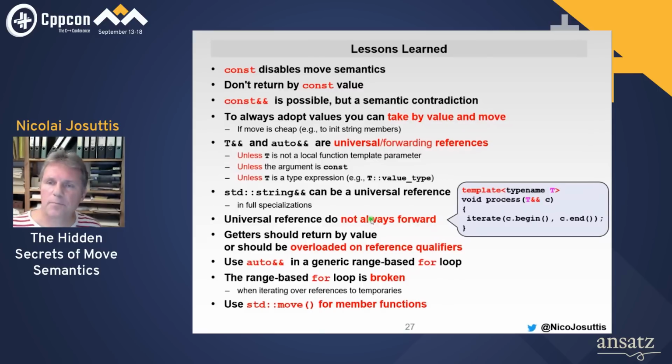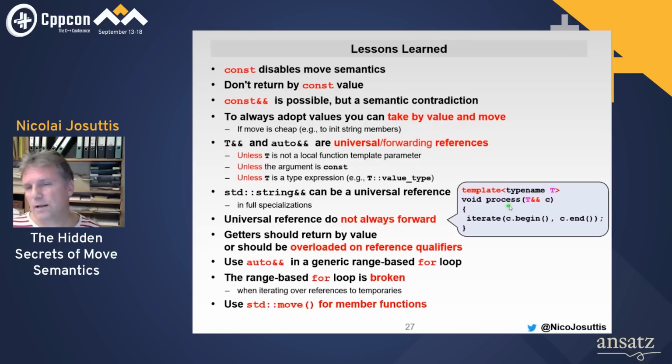Here's another example for a universal reference that does not forward. Let's take some arbitrary container type, arbitrary value type and arbitrary value category, and let's iterate over the elements by calling cbegin and cend. Where do you want to place forward here?